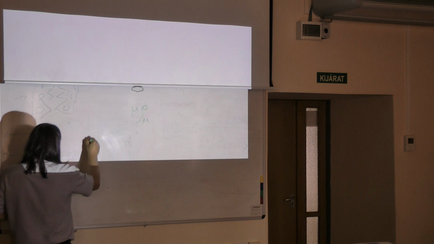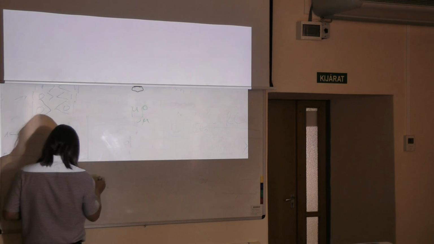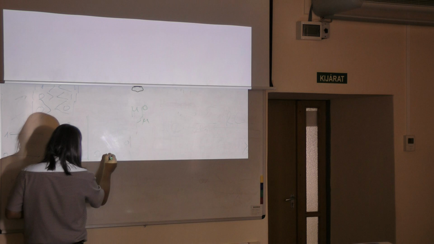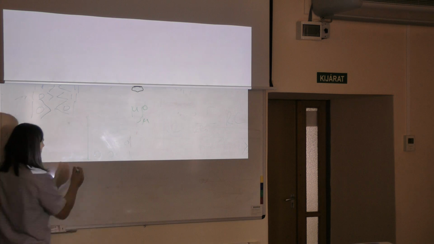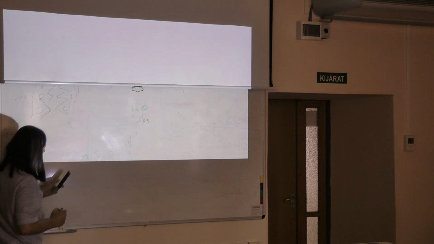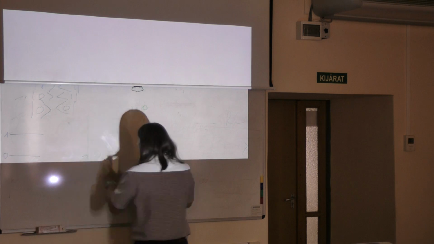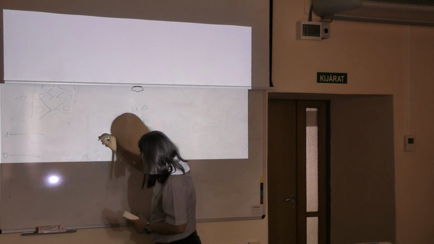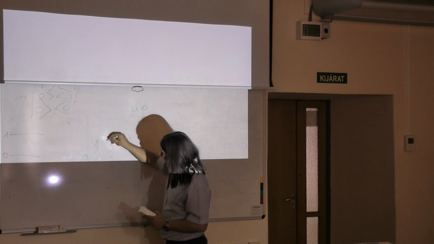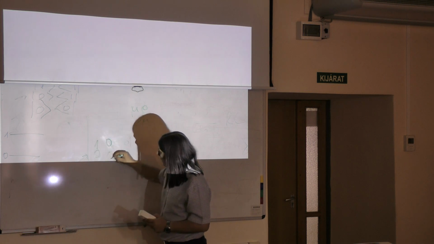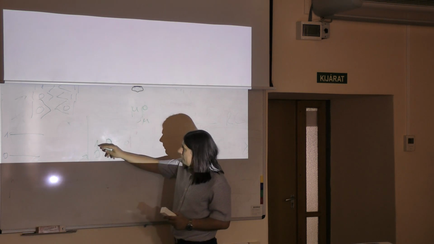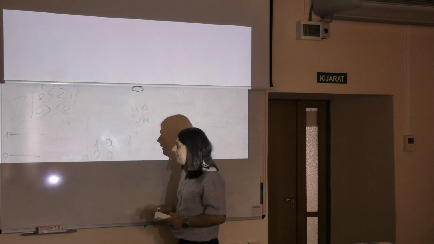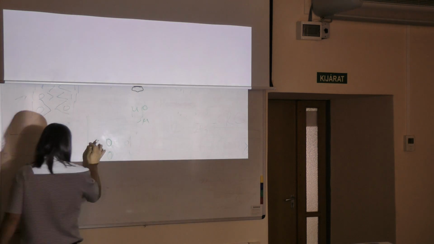So I will draw it again in simpler terms. Now we have one pump interaction, and it will go like this. Can you see? So the pump comes, and the system goes to the excited state on the ket side.